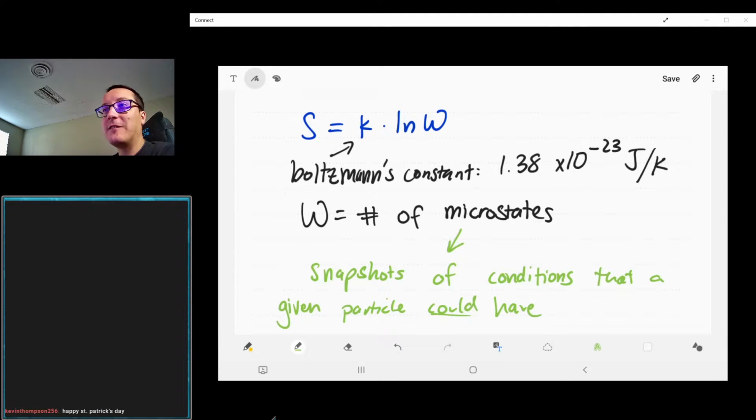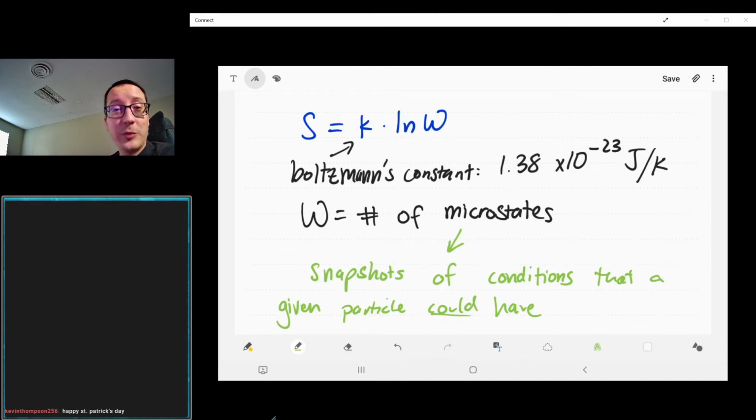So that's a very, very large number in order to get a natural log that big. And so this is not something that we're going to deal with. Of course, it's unfeasible, right? To think of, okay, I have this sample, and it has 10 to the 23 possible things it could do. Let's look at all of them. No, we're not going to worry about that.